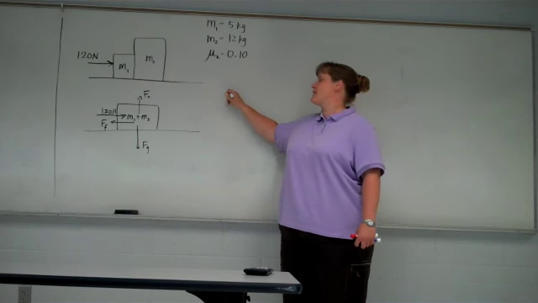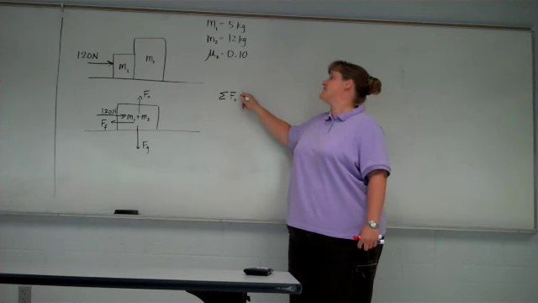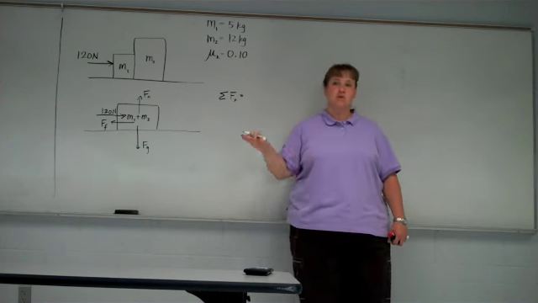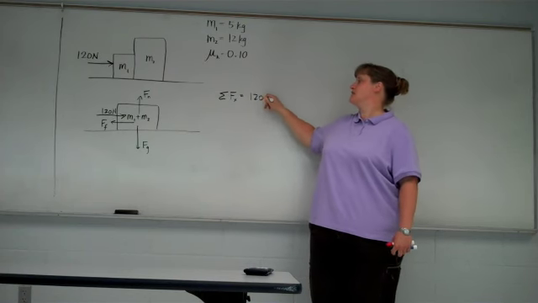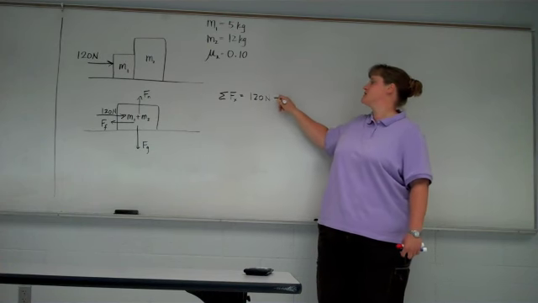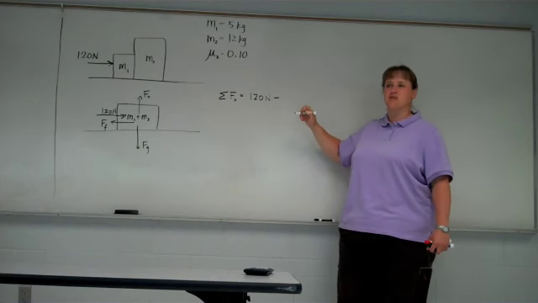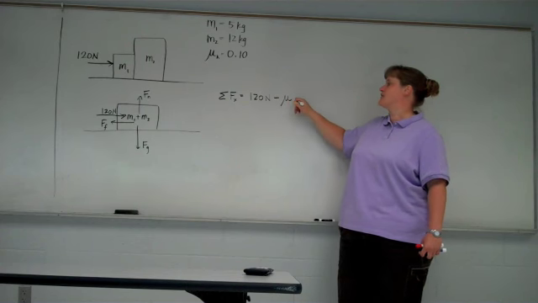Approaching this the same way we have other problems, looking at the net force in the x direction, the horizontal direction, we have 120 newtons to the right, and we have friction to the left. Now I'm going to go ahead and substitute in. We know friction force is equal to the coefficient of friction times the normal force.